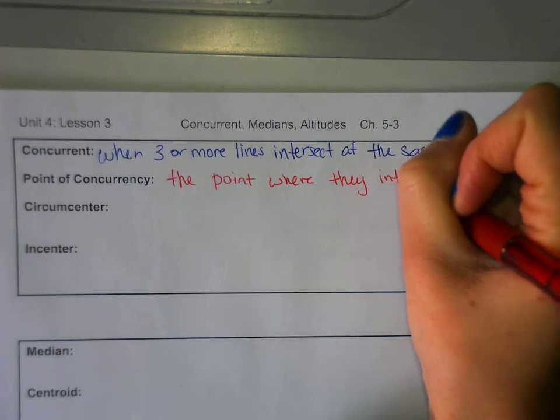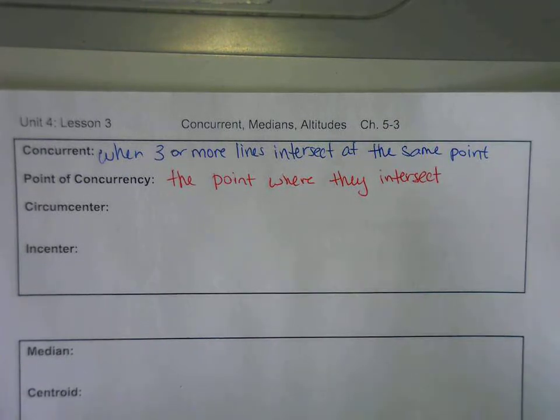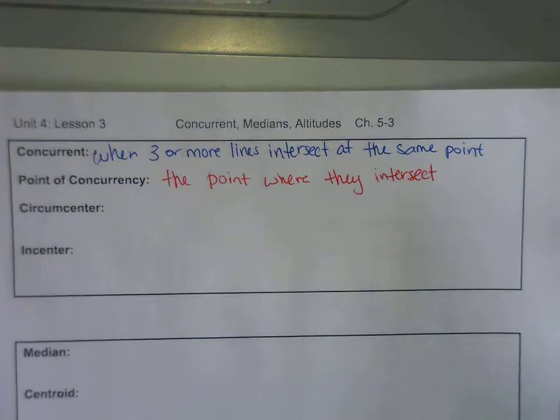The circumcenter is the point of concurrency of the perpendicular bisectors of a triangle.